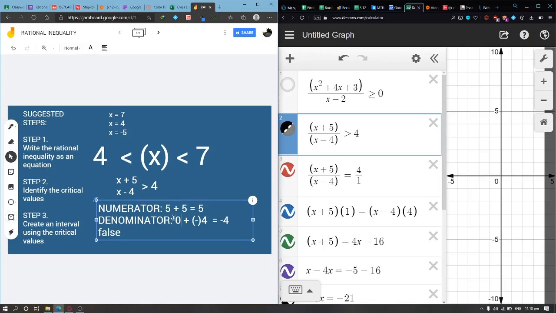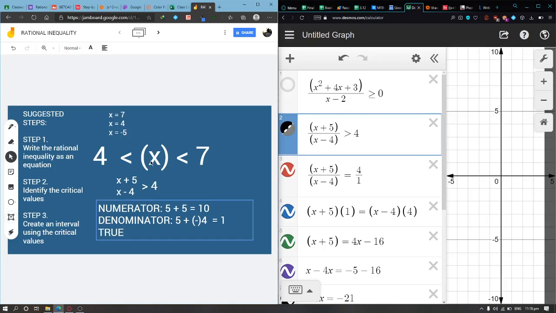So 5 and then 5. 5 plus 5 is equal to 10. 5 plus negative 4 is equal to 1. So what will be our answer here? 10 as numerator and 1 as denominator, it is equal to 10 over 1 or 10, which is greater than 4. So it is true.